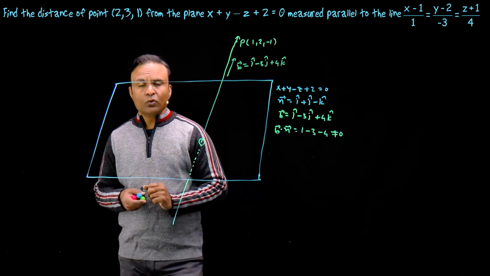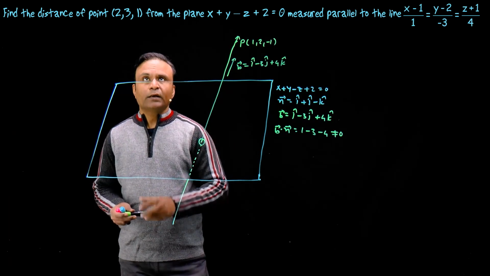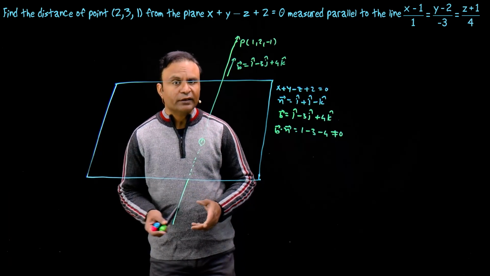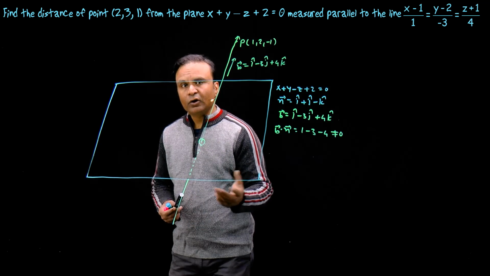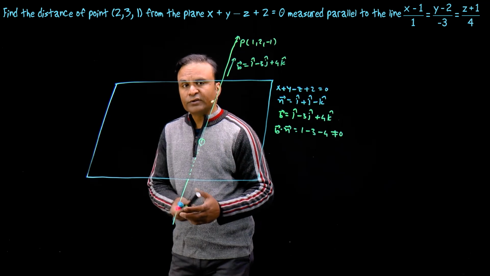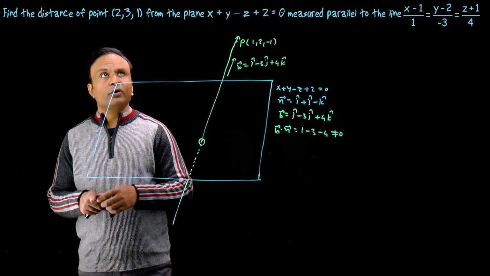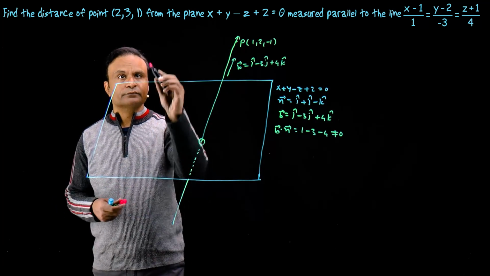Now we have the point (2, 3, 1). Where do we put this point? This point does not satisfy the equation of the plane or the equation of the line. That means this point is not lying on the plane, and it is not lying on the line. So let's put the point (2, 3, 1) here.